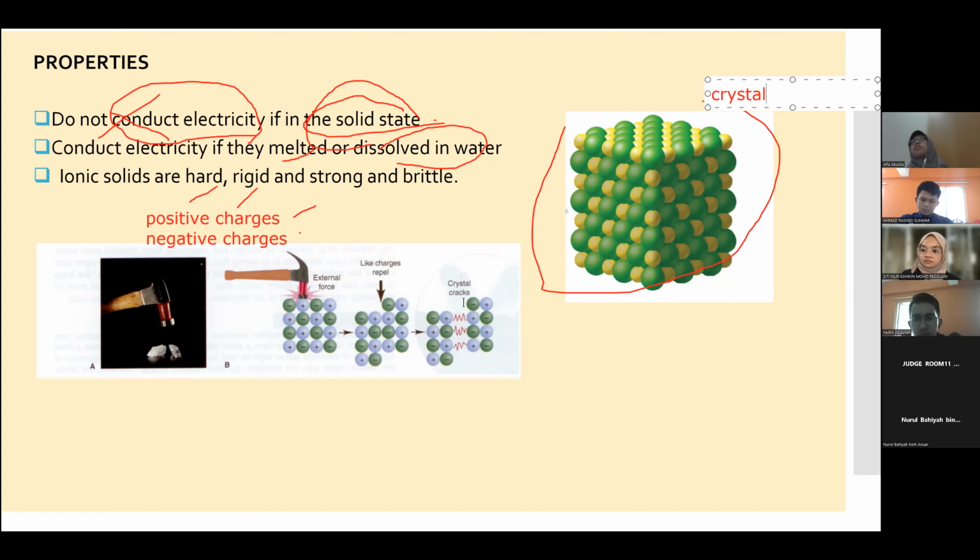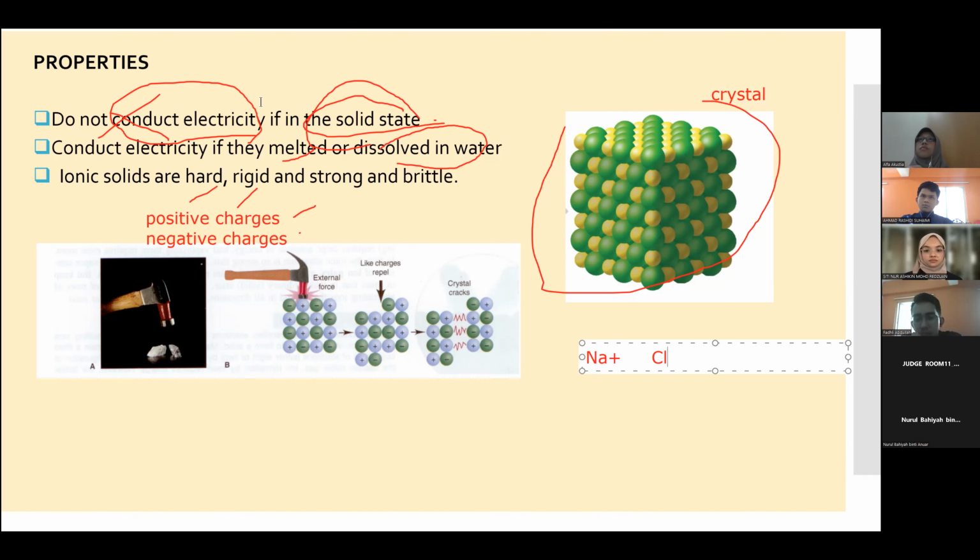You can imagine sodium chloride. Sodium chloride is a salt. Sodium chloride is about an interaction between the sodium ion and the chloride ion. But actually, it's not like that.